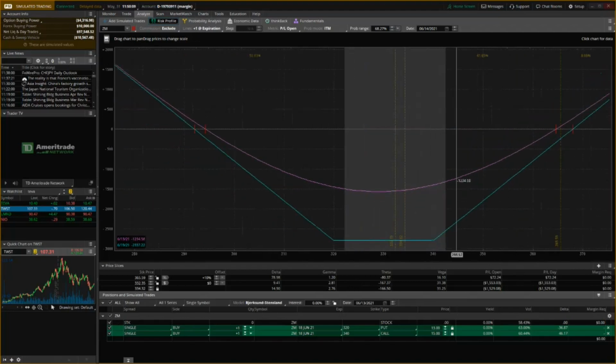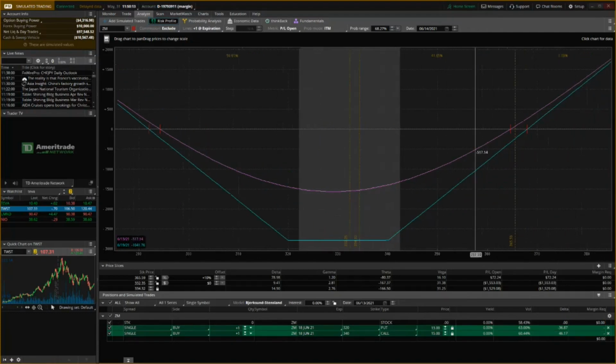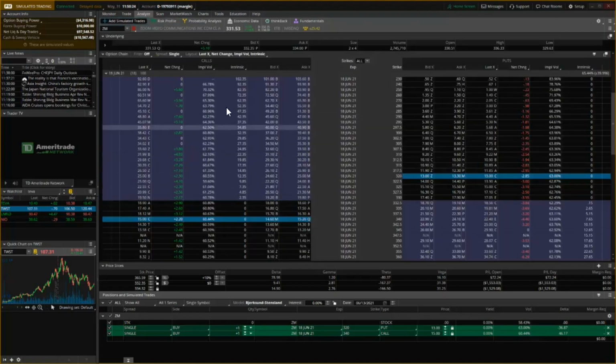Well, question is, do you like it? Will you take these kind of risks? Do you think that Zoom can move 10% in 1 month? I mean, when you look at the implied volatility of the underlying, as you can see, it goes around 60% yearly, and that means that monthly it's around 5%.